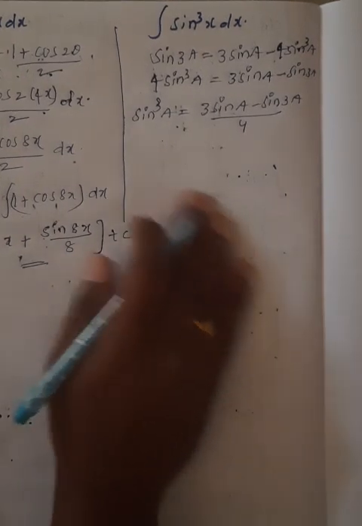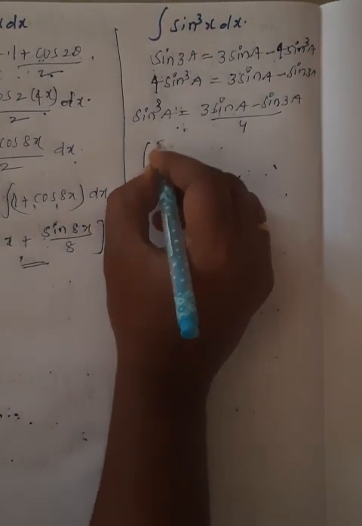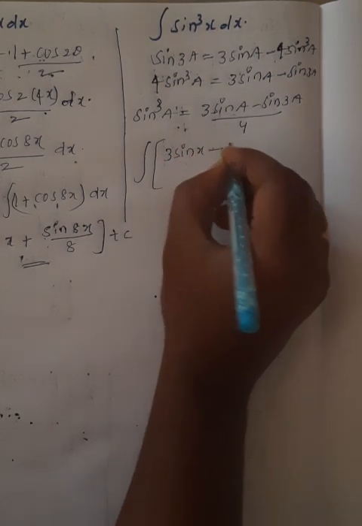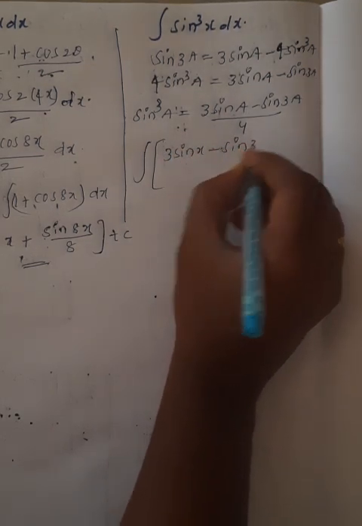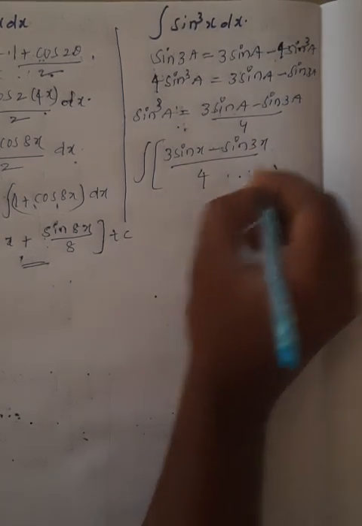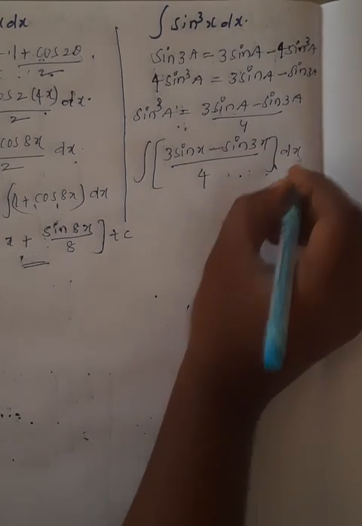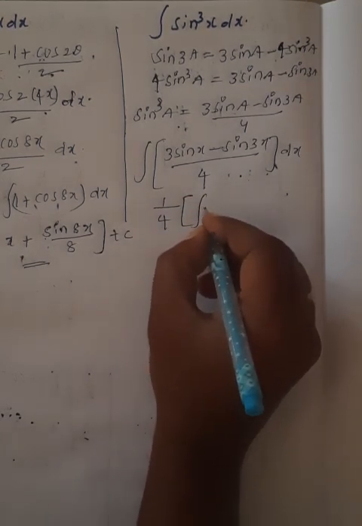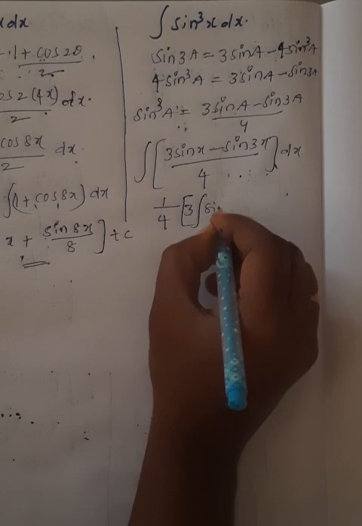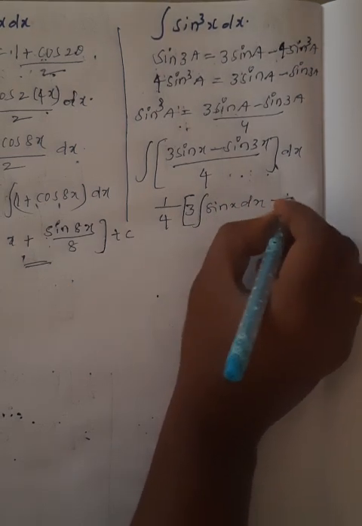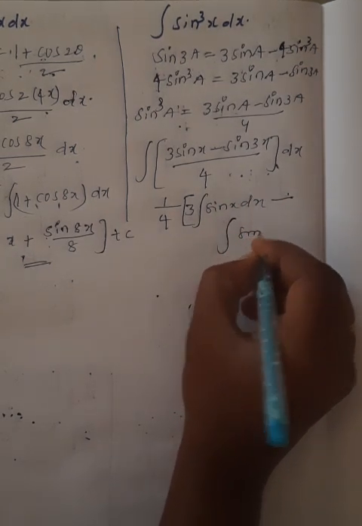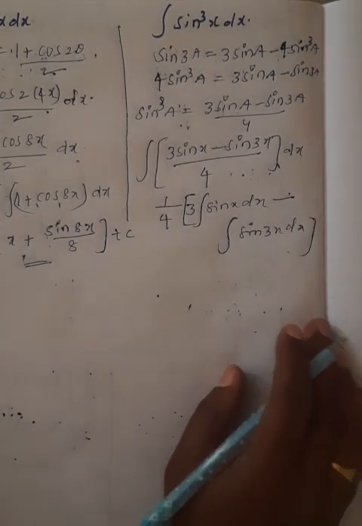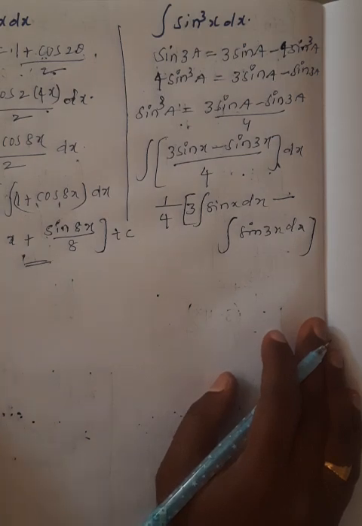Replace sin cube x with (3 sin x minus sin 3x) by 4 into dx. So it is 1 by 4 into integration of 3 sin x dx minus integration of sin 3x dx. Here we have used the linearity property in order to separate these two terms.